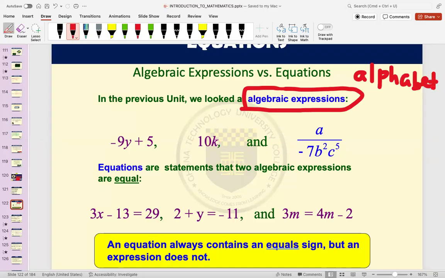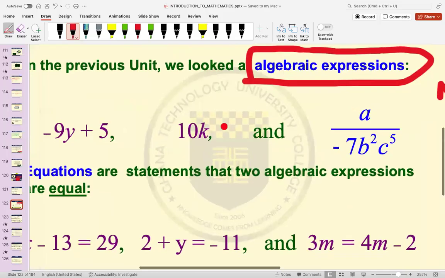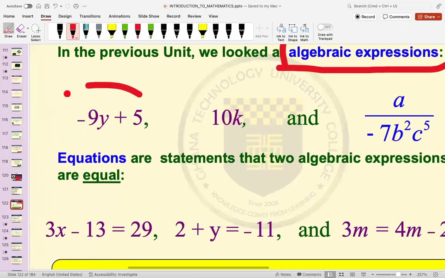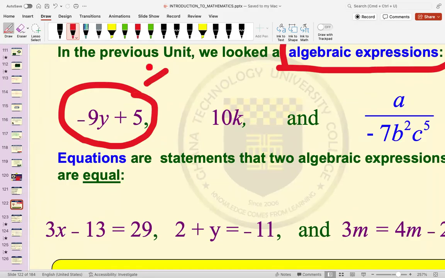Alphabets and numbers are used in forming algebraic expressions. So most equations are formed with algebraic expressions. And so if you see an expression like this, negative y plus 5, this is not an equation. It is an algebraic expression.